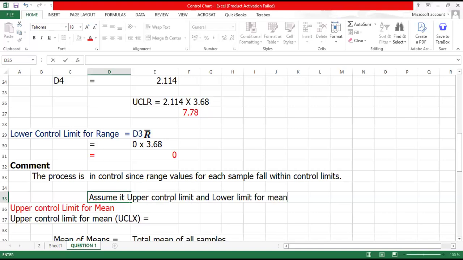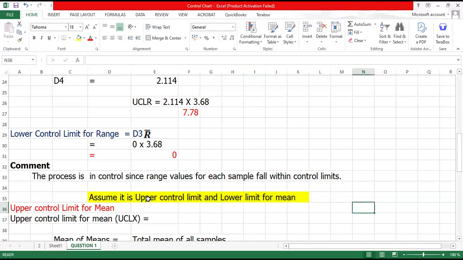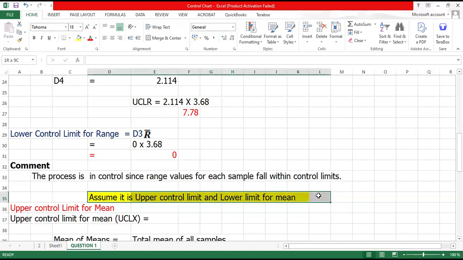How do you get the upper control limit for mean and lower control limit for mean? Assume the examiner said that you calculate the upper control limit for mean and the lower control limit for mean. How do you get that?